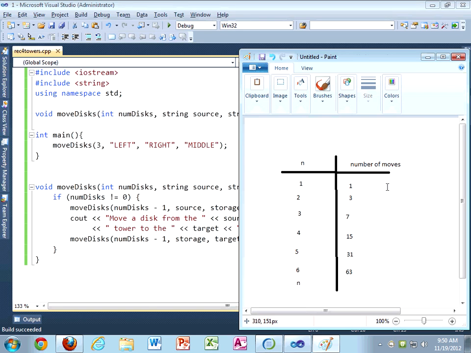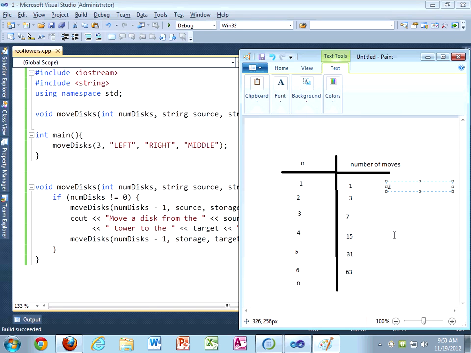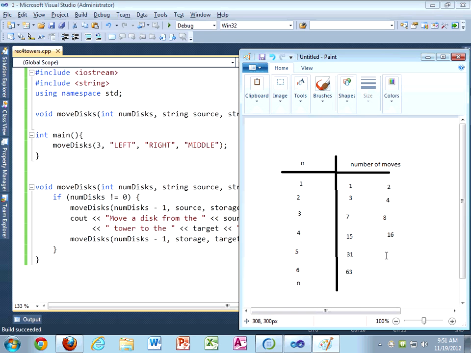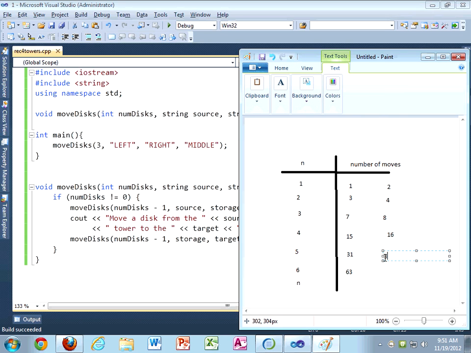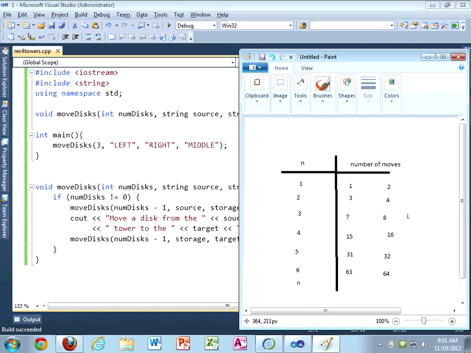What if I used these numbers instead? 2, 4, 8, 16, 32, 64. Okay, so all I did is I just wrote down one bigger than that number, right?